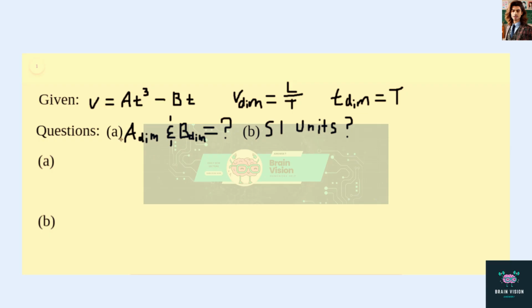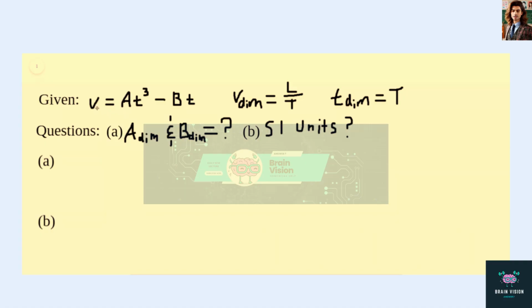Okay, so the dimensions of the left side of the equation are in units of distance over time, and therefore the units of the right side of the equation also have to be distance over time. And so that means a times t to the third has to have the same dimensions as b times t in order for them to be subtracted from one another.